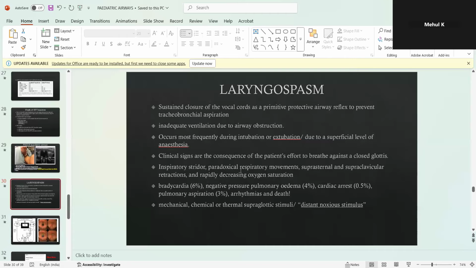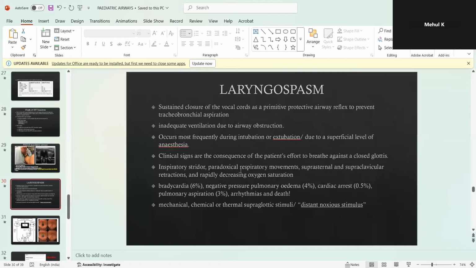It is pretty common for it to occur during intubation and even during extubation. And the clinical signs you can notice when a laryngospasm occurs: the patient tries to breathe against a closed glottis. Since it's an extrathoracic obstruction, you'll notice inspiratory stridor, paradoxical respiratory movements, suprasternal and supraclavicular retractions, and rapidly decreasing oxygen saturation.